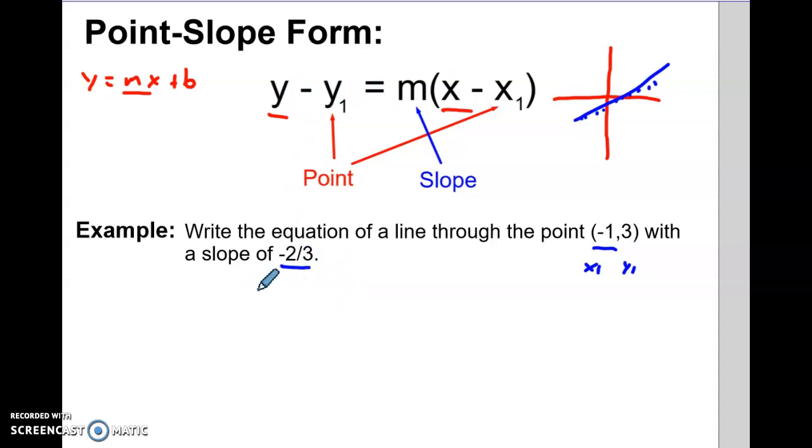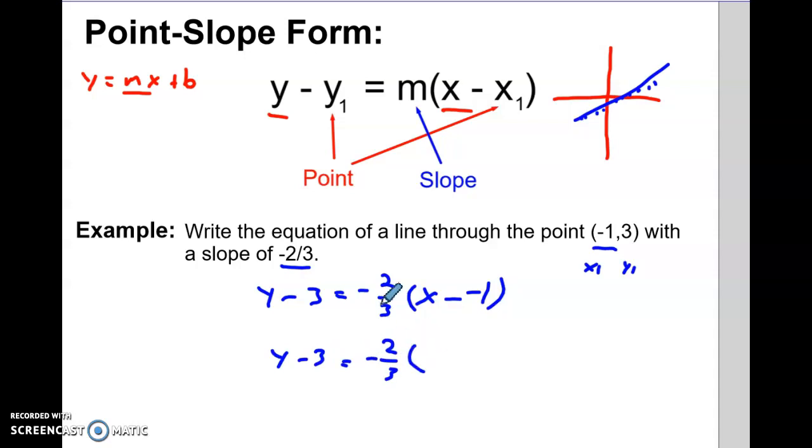So in this case, we would have y minus y little one, which is 3, and then equals the slope, m, so negative 2/3, and then x minus x little one, which is negative 1. So it's minus negative 1. Okay, and then all that ends up happening is that minus negative cleans up. So you don't distribute or anything, right?